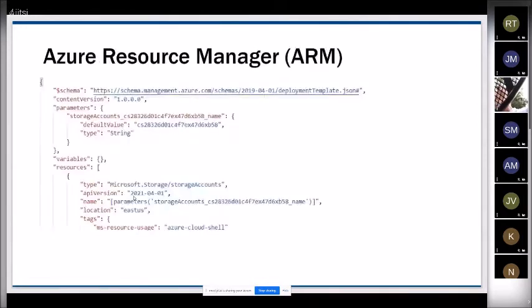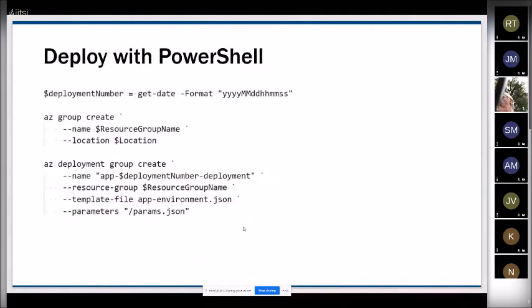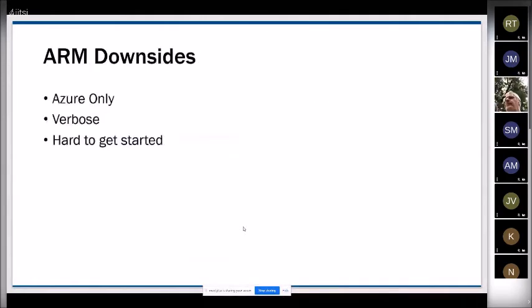So if we roll back here, this is a kind of verbose format. There's a lot going on here. JSON in general is better than XML, but it's still a lot of typing and a lot of cruft that's not necessarily valuable. So it's kind of verbose, and it's really hard to get started writing ARM templates because the syntax is kind of opaque.